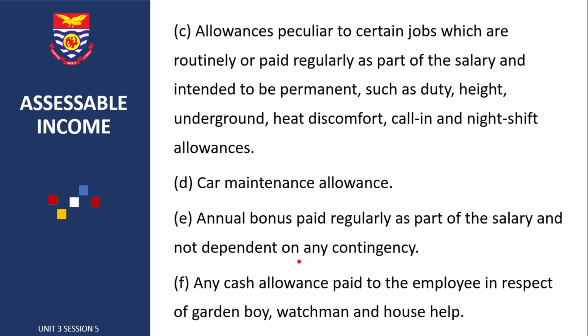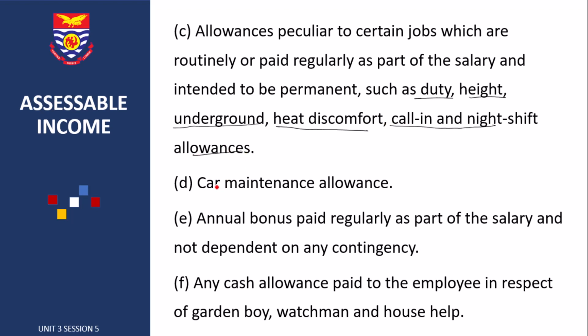It also includes allowances peculiar to certain jobs, which are routinely or paid regularly as part of the salary and are intended to be permanent, such as duty, height, underground, heat discomfort, call-in and night shift allowances.